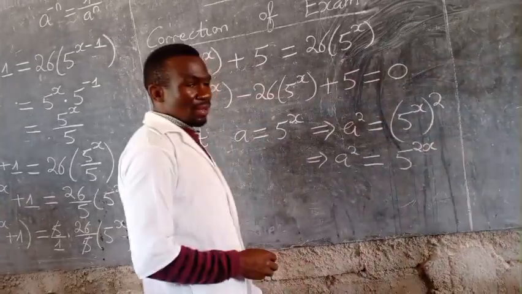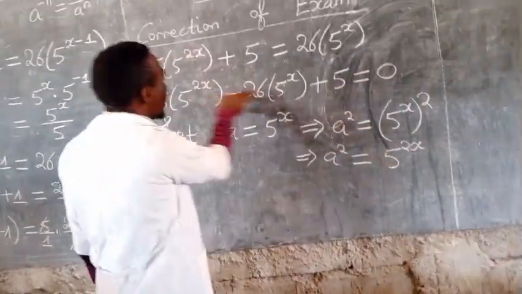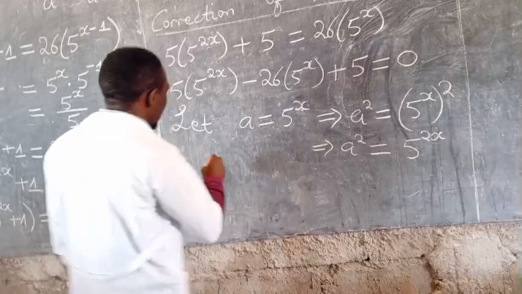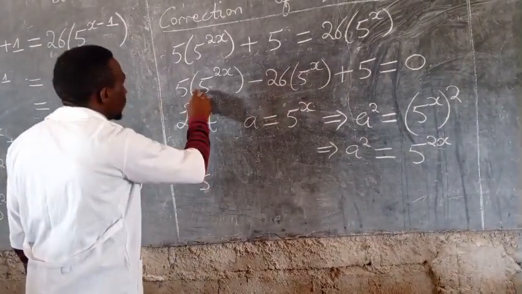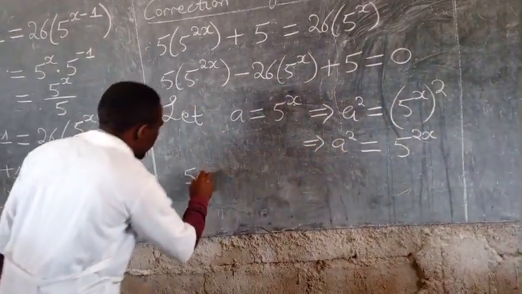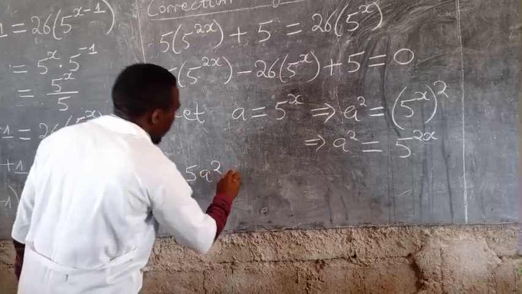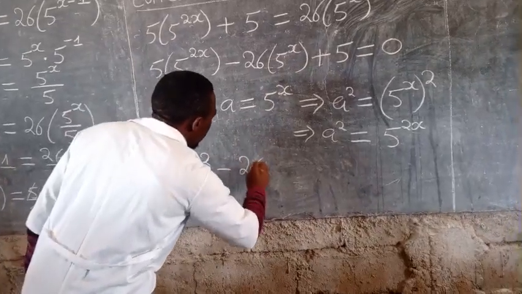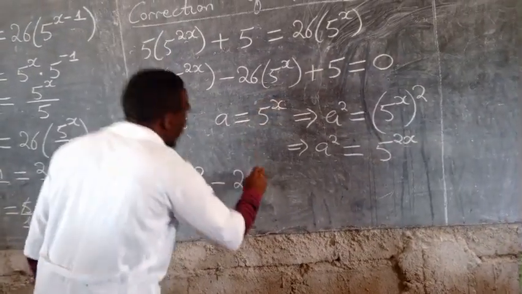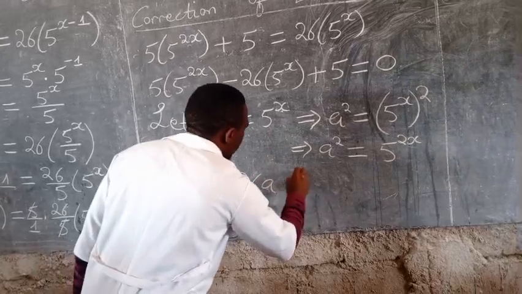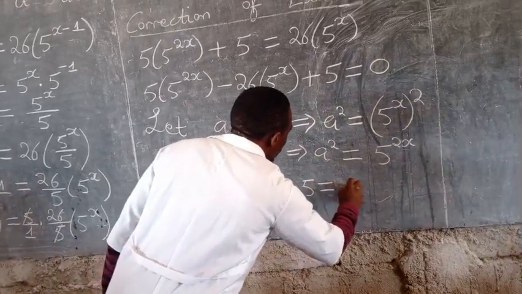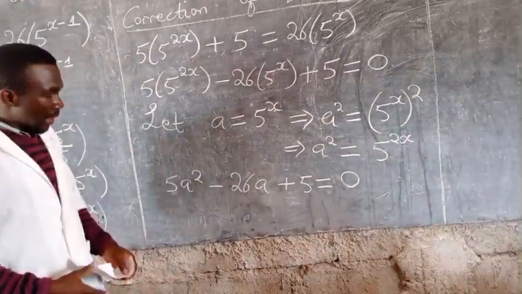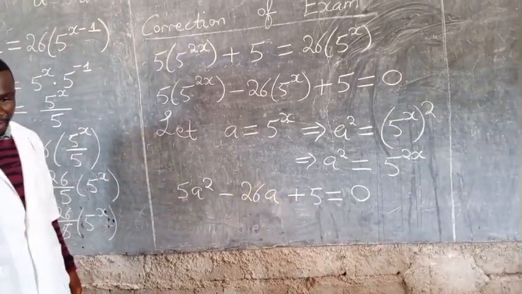So we are going to replace them in this equation. This will give us 5a squared minus 26a plus 5 is equal to 0. You can see that this is a quadratic equation now.